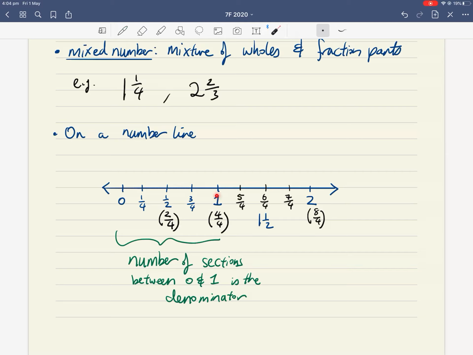So in one piece of string, 0 to 1, I've chopped it up into 1, 2, 3, 4 pieces. So my denominators are 4, or quarters. And then depending on how many pieces you have in total, that's the numerator on top. So 1 piece out of 4 is 1/4, 2 pieces out of 4 is 2 quarters, et cetera.